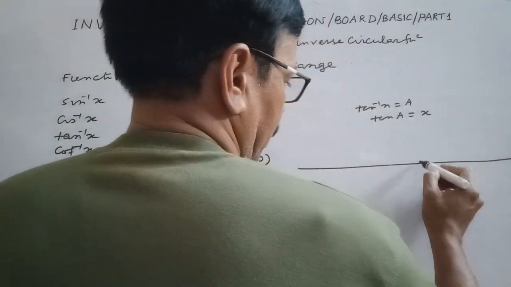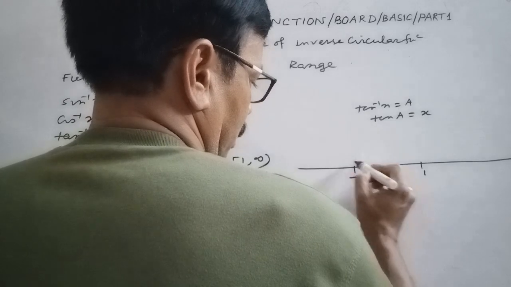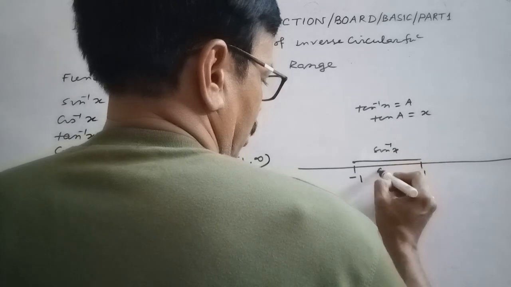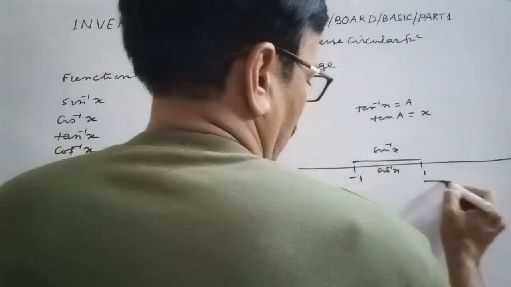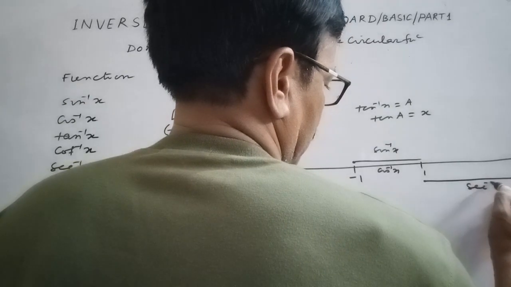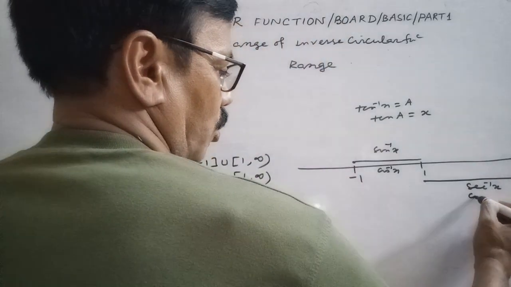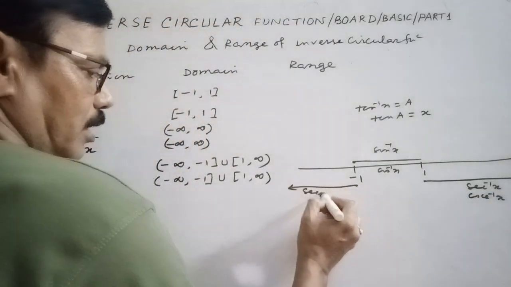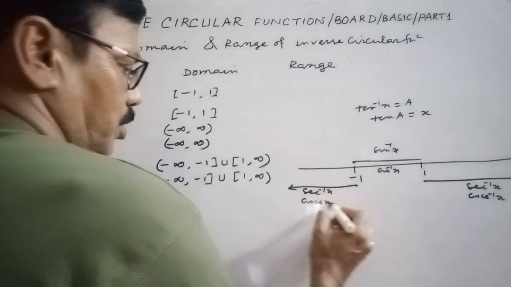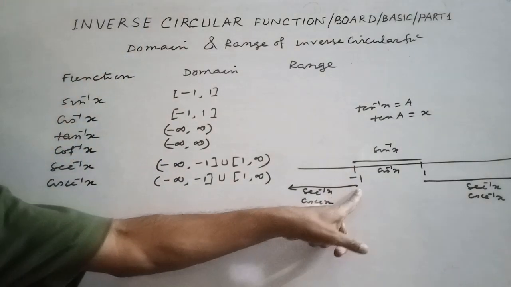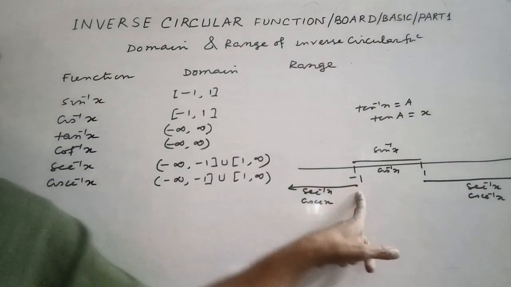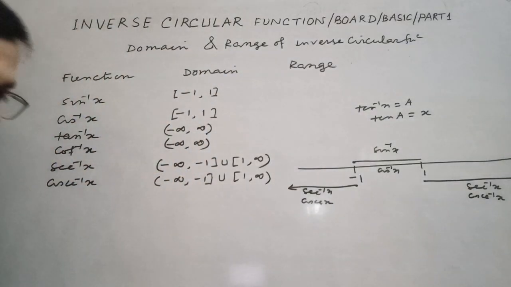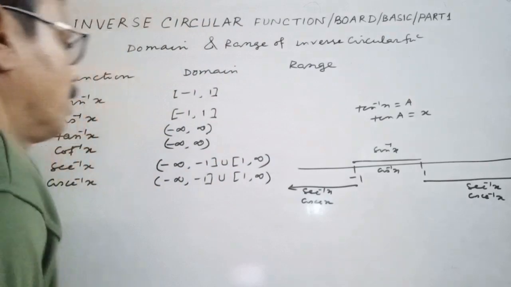On the real line, with the points 1 and minus 1, sine inverse and cos inverse lie between them, but sec inverse and cosec inverse are greater than 1 and less than minus 1. So this is for sec and cosec. All of you know it.